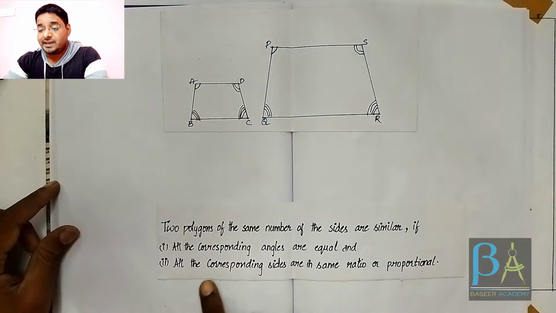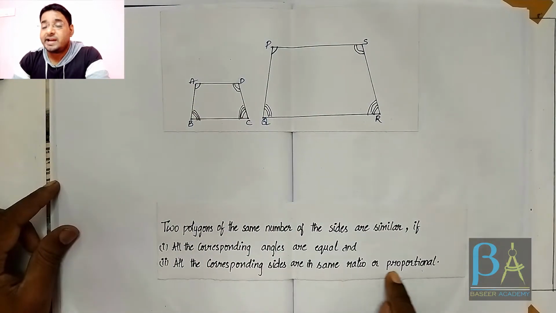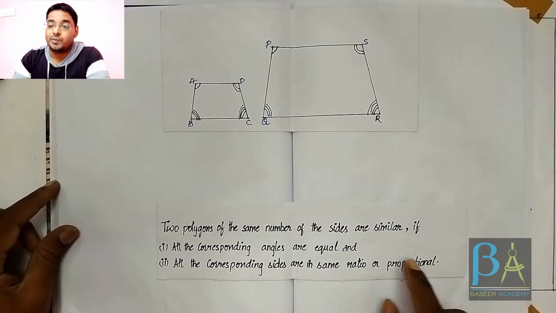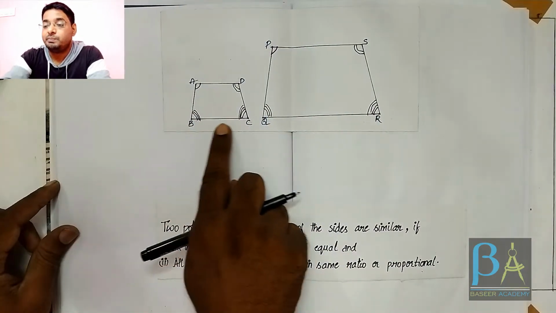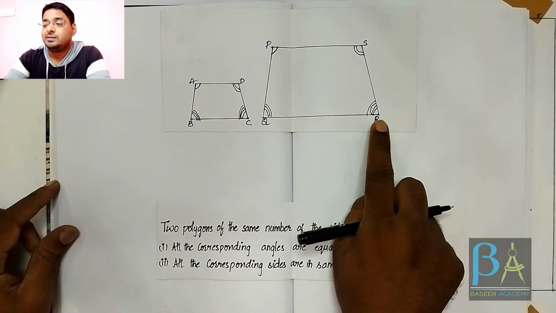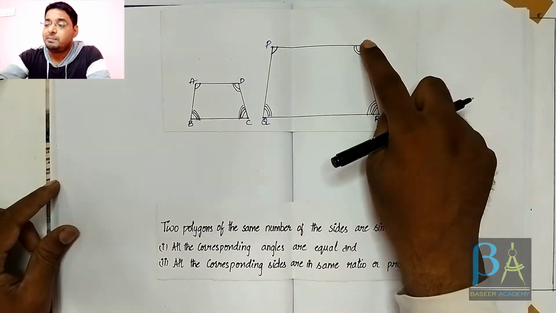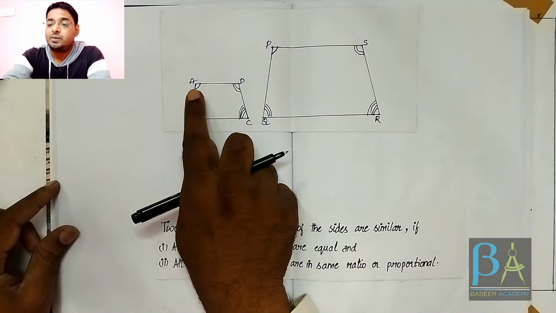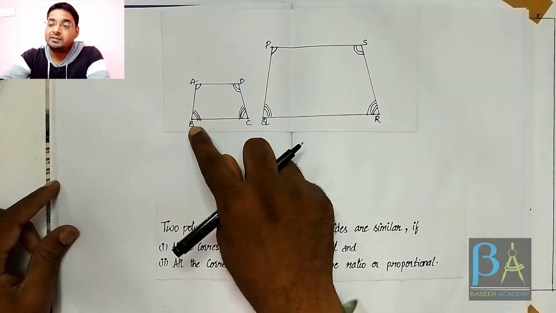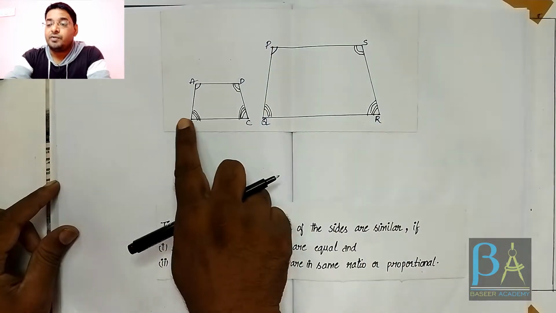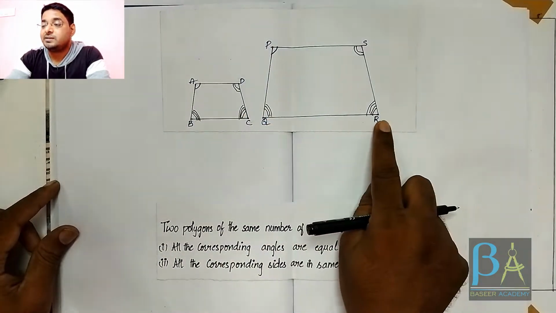And then the second rule says the corresponding sides should be in the same ratio, which means AB by PQ should be equal to BC by QR, which should be equal to DC by SR, which should be equal to AD by PS. For AB, the corresponding side is PQ. For BC, the corresponding side is QR.